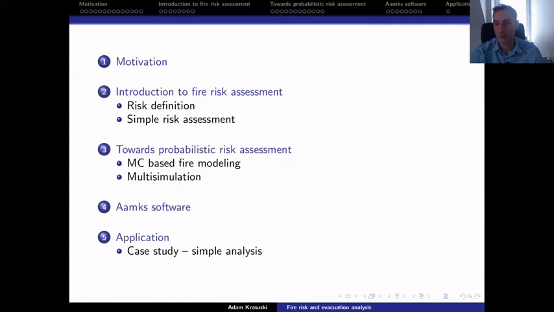So I'm going to discuss the risk definition and simple risk assessment method. And then we are going towards the probabilistic risk assessment. And within this topic, we are going to discuss Monte Carlo based fire risk modeling and the multi-simulation approach.